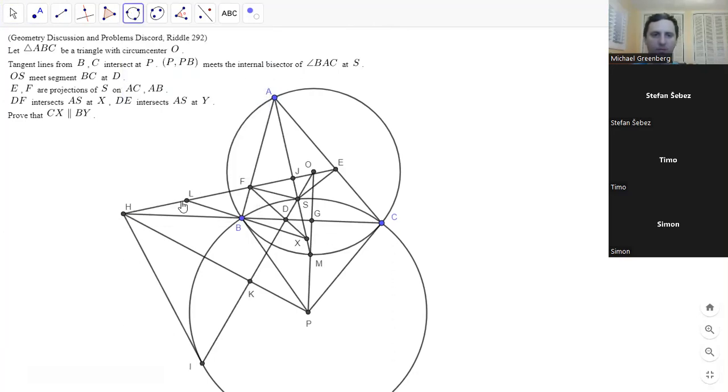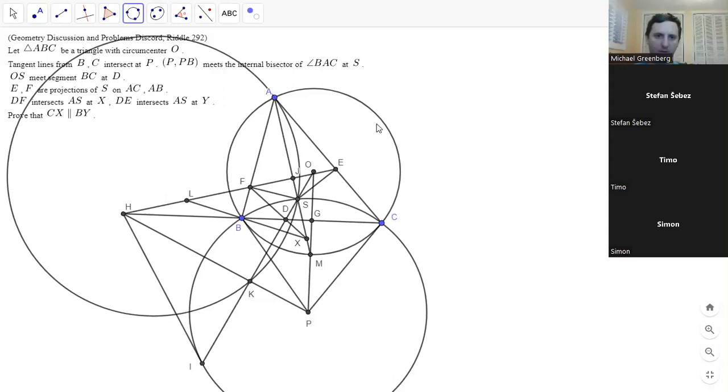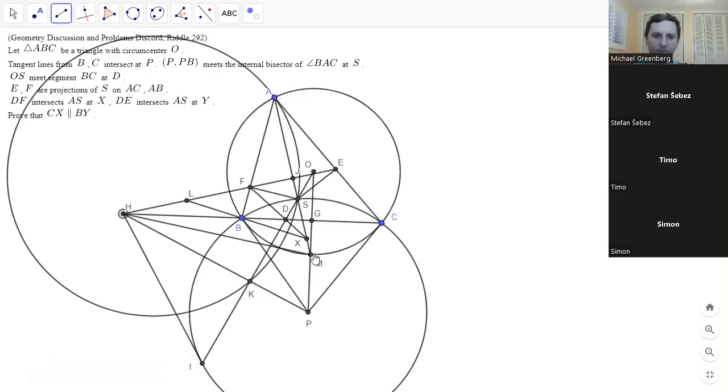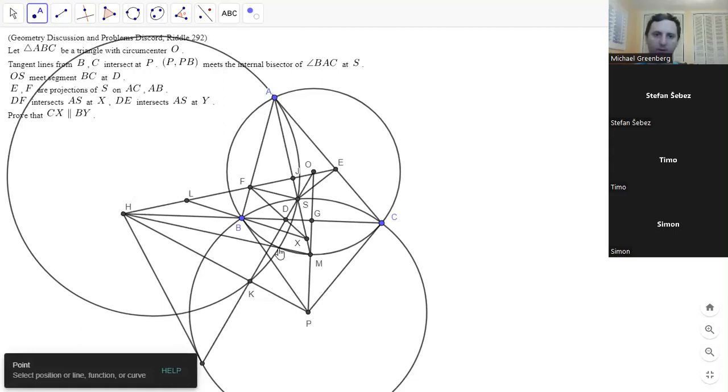The first one is if you draw the circumcircle of K, S, and A, and now you intersect HM with the circumcircle of ABC. HM, yes, exactly. These concur.